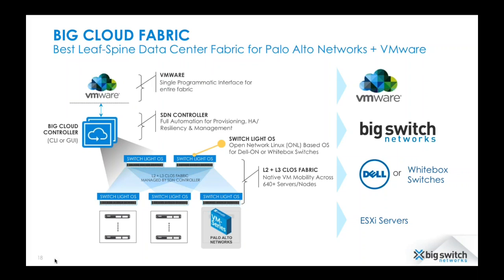Big Cloud Fabric integration with VMware simplifies the interaction between network and virtualization teams to help expedite the provisioning and troubleshooting of virtualized workloads. And our distributed logical router with fabric-wide service insertion policies, as well as the layer 2 or layer 3 equal cost multipathing, really help us optimize the deployment together with Palo Alto Networks.